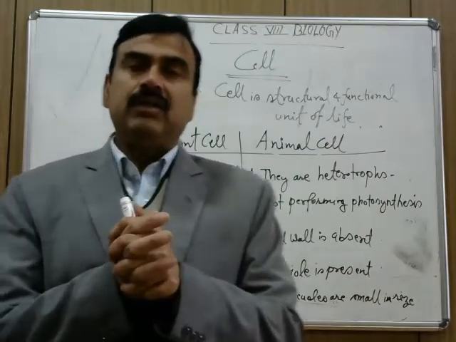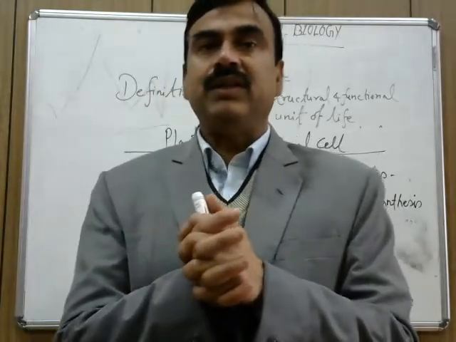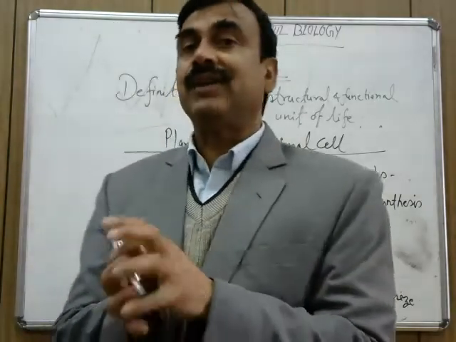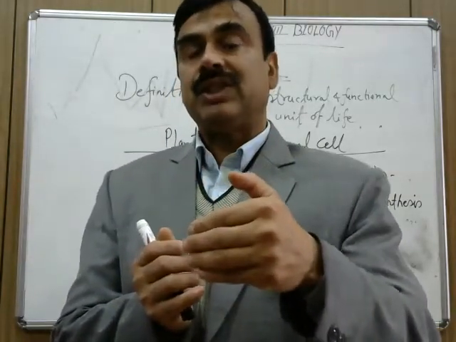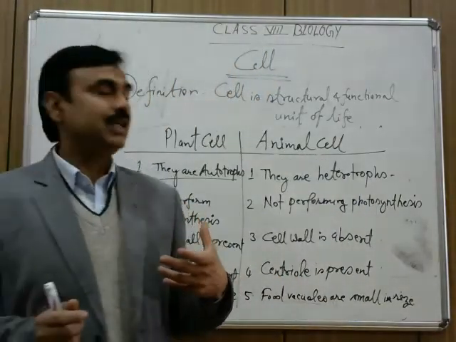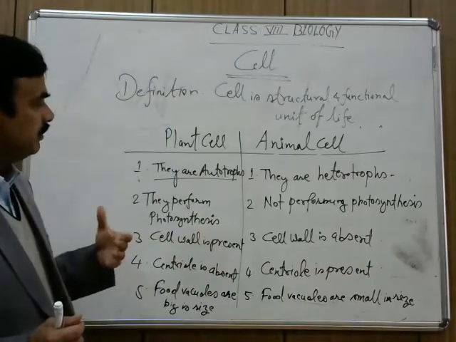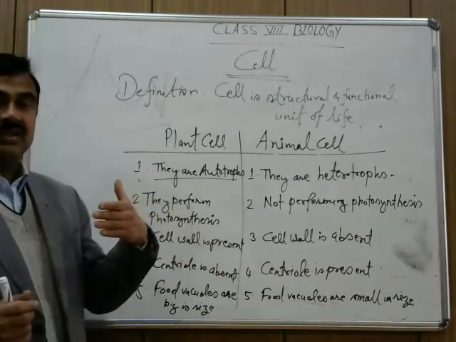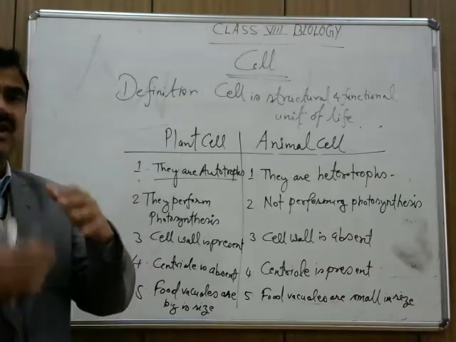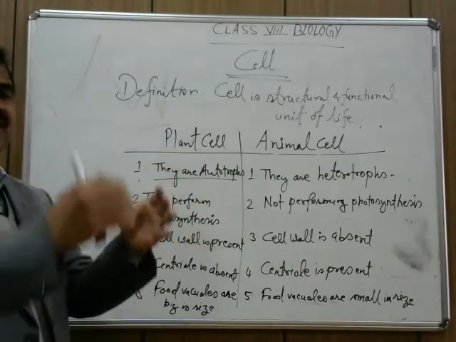Number 3, what were the differences between the prokaryotic and eukaryotic cell? With examples you have to write, because when you strengthen your answer with examples, that would be the complete study. And the structure of the animal cell I explained, and in the next module I will draw the structure of plant cell and animal cell.